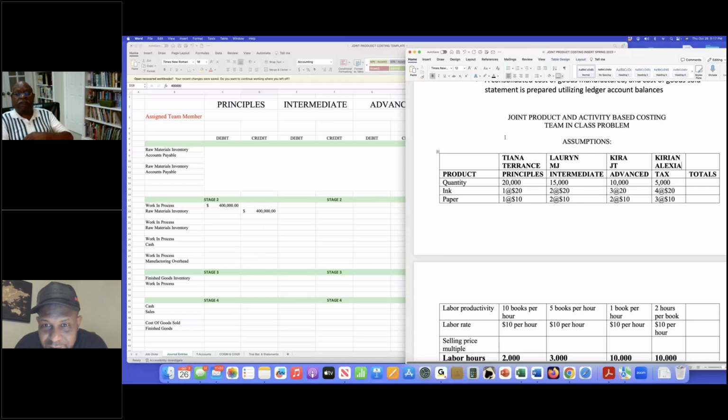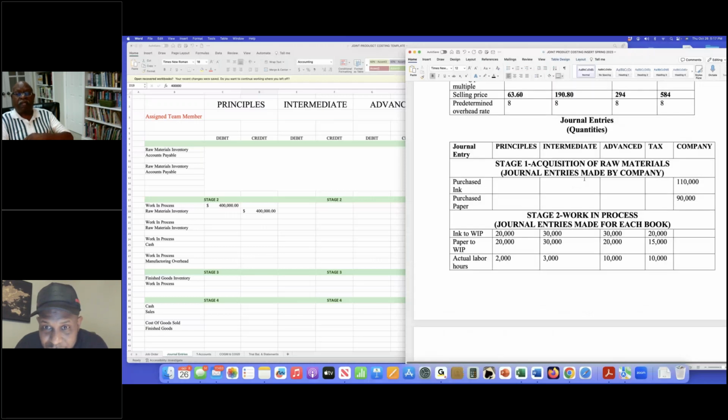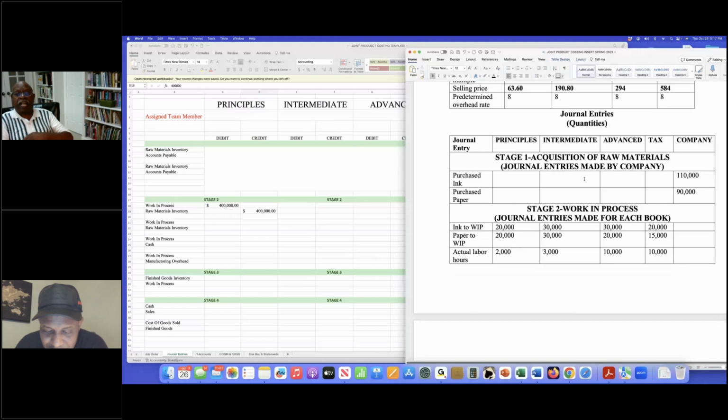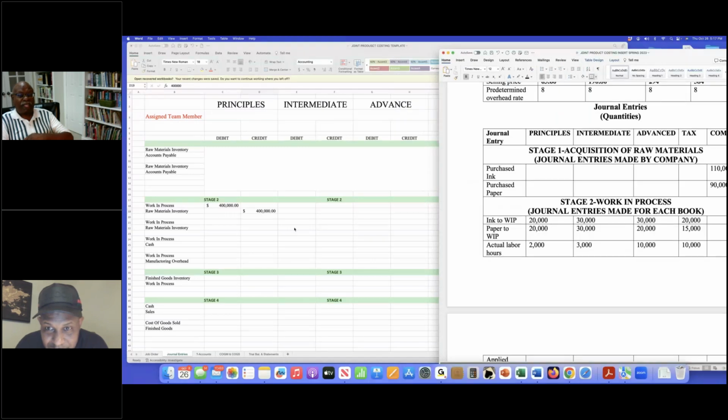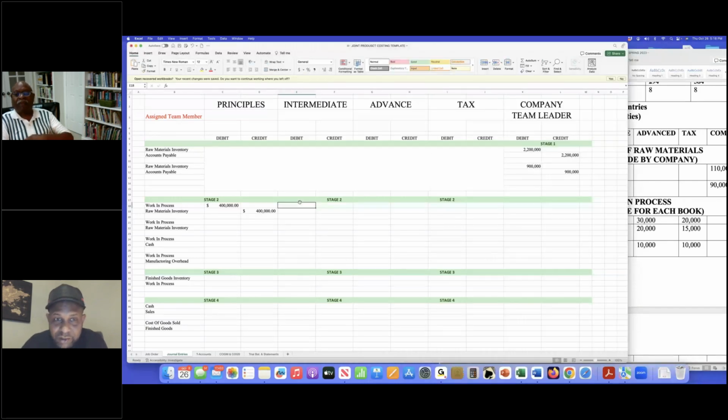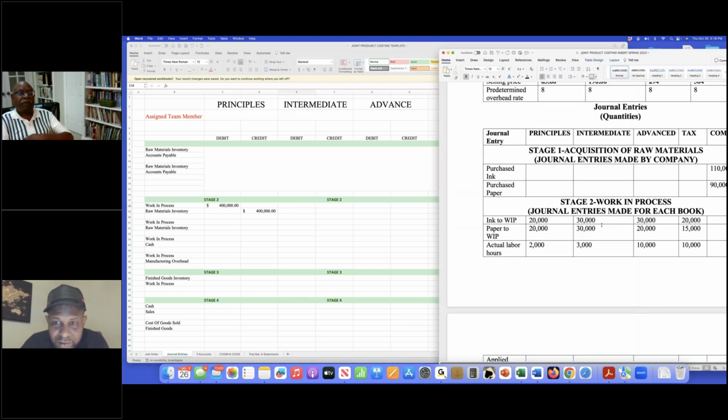So if the ink is selling for 20 and you need 30,000 ink cartridges, intermediate, what's your number going to be? It's going to be 30,000 times 20. That's 600,000.